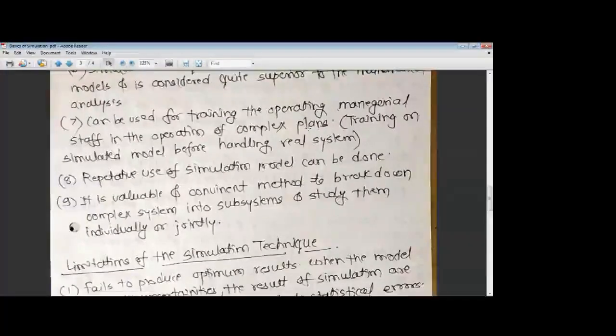At that instance, the pilot can be trained for any unforeseen situation. For example, I can train a pilot on a simulation model for an incident like a bird crashing into the main engine of the aeroplane.